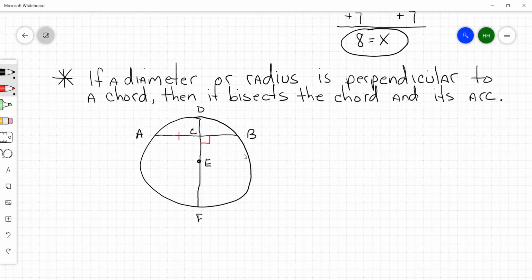AC will be congruent to CB. And AD, this arc AD, will be congruent to arc DB. See it?